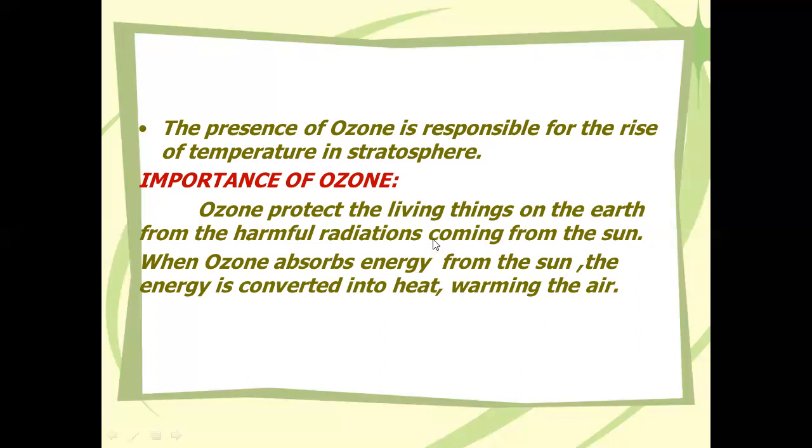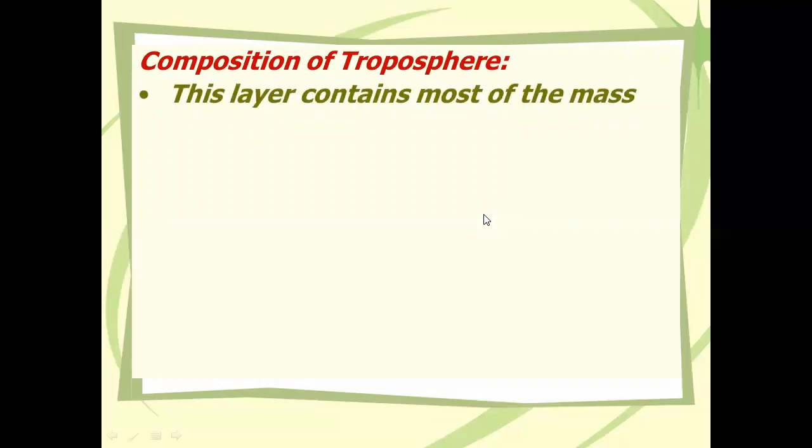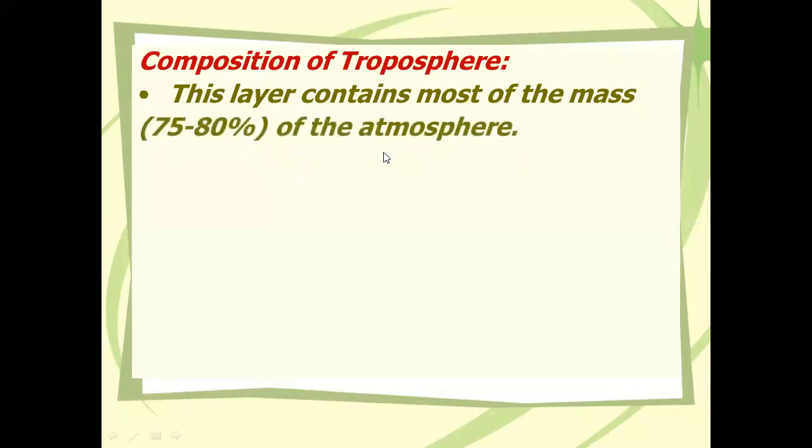So the water vapors and ozone are present in the stratosphere. Composition of troposphere, which is the first layer of the atmosphere. This layer contains most of the mass, 75 to 80% of the atmosphere.